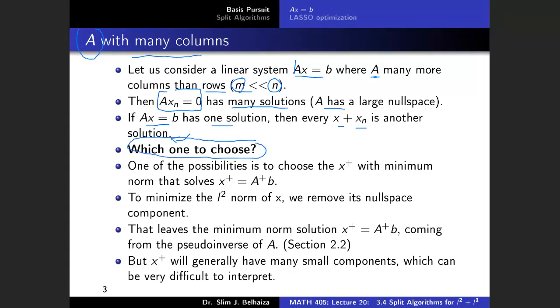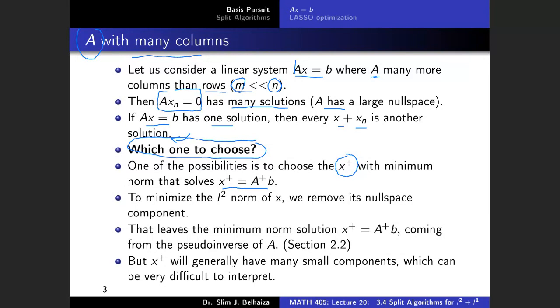So one of the possibilities here is to choose, as we did previously in the pseudo-inverse and the least squares problem, the X plus with minimum norm that solves the problem, X plus equals A plus B. A plus here is the pseudo-inverse of A. Okay, now previously what we did is just to minimize the L2 norm.